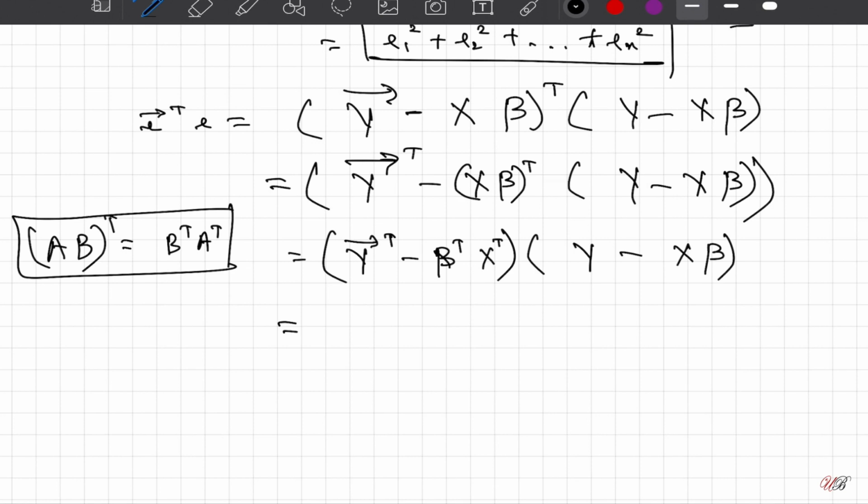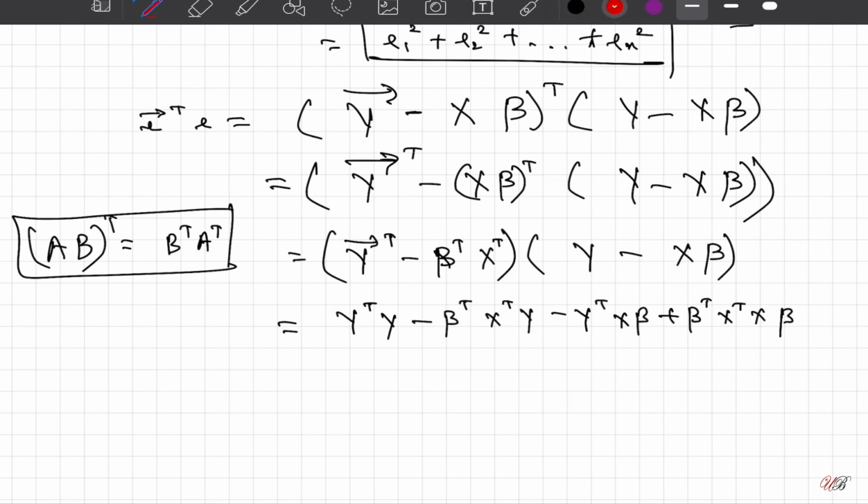After expanding, we can write it as y transpose y. Again, y is a vector, so for the sake of simplicity dropping the arrow, minus beta transpose x transpose y minus y transpose x beta plus beta transpose x beta. So this looks ridiculously complex, but we are just doing some linear algebra here.